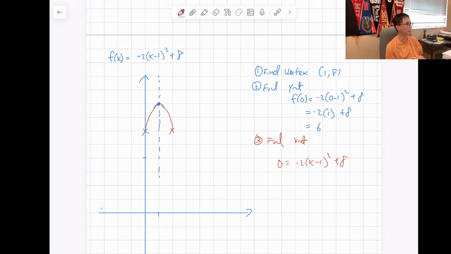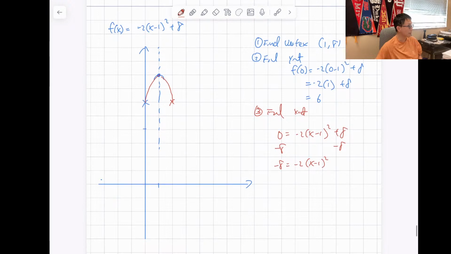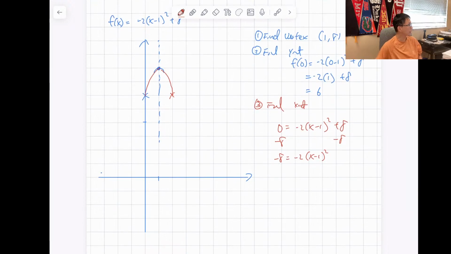Both of them are correct. One of them is easier. Which one's easier? Move the 8 to the other side. So that's -8 = -2(x - 1)². You can expand them, you're going to get the same answer. What do you do next? Divide by -2. So that's 4 = (x - 1)².